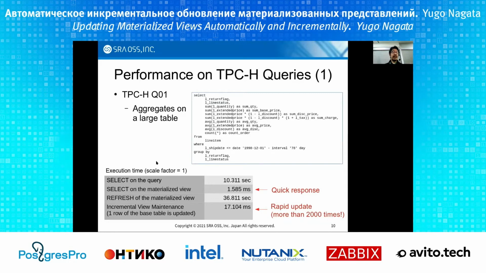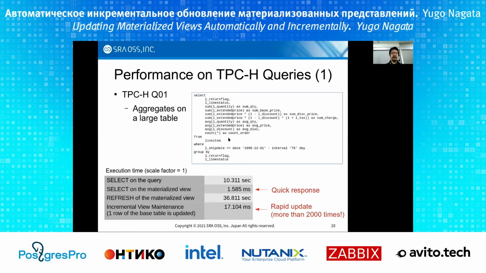So how effective is our IVM implementation? To test this, I tested performance on TPC-H queries. TPC-H query 1 is aggregates on a large table like this. A select with this query took about 10 seconds.